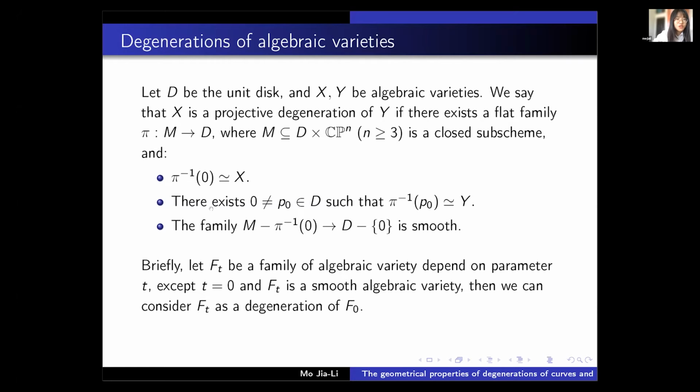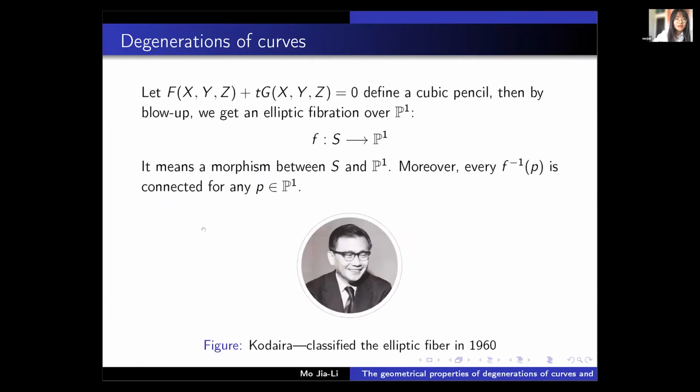This leads me to my next point. That is the degenerations of curves. We pay attention to the cubic pencil. Let F plus tG is equal to 0 define a cubic pencil. Then by blow up, we get an elliptic fibration over P1.